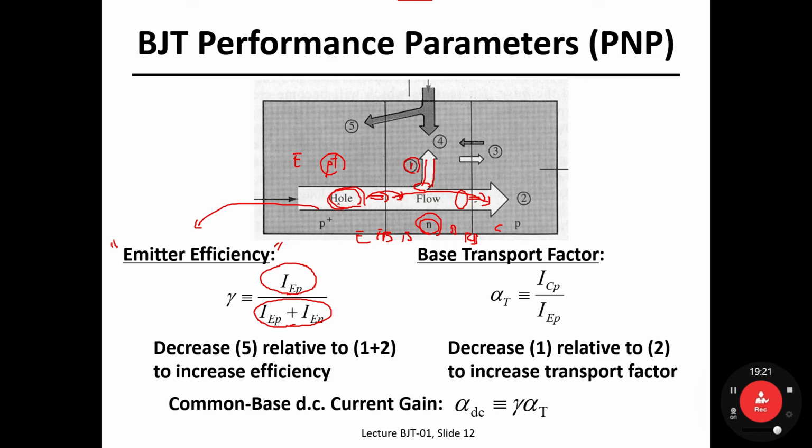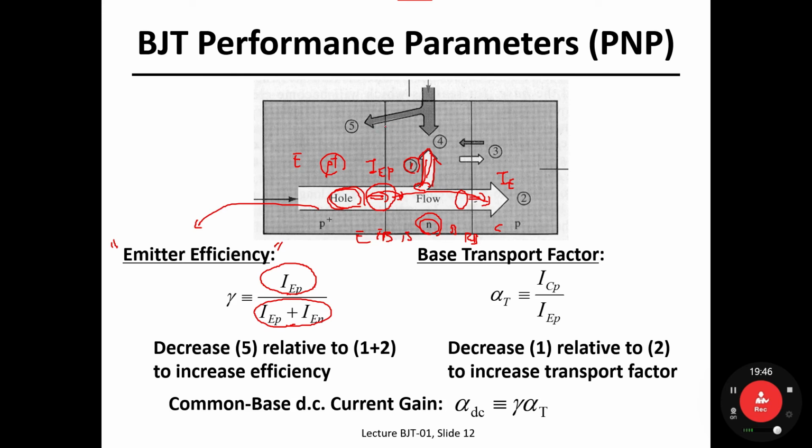Okay, so this is denoted as the I sub emitter induced by holes, and part of it will be lost, and in the end part of the holes will survive and arrive at the collector side.